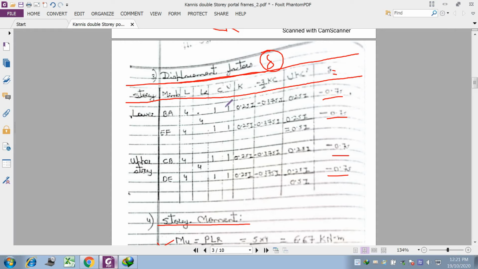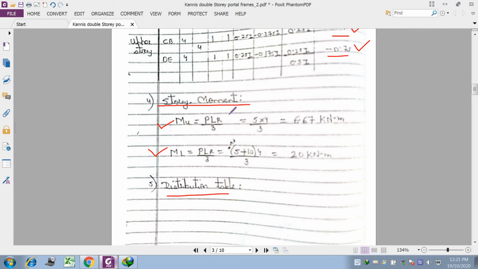Then we calculate accordingly and finally get the value of delta. What is the formula of delta? Minus 3/2 Kc divided by summation of UKC square. We have to use this formula and get the value of the column deflection delta factor for BA, EF, CD and DE.